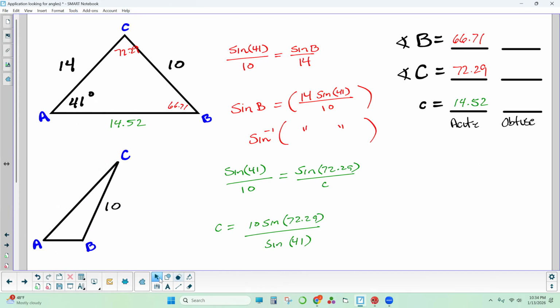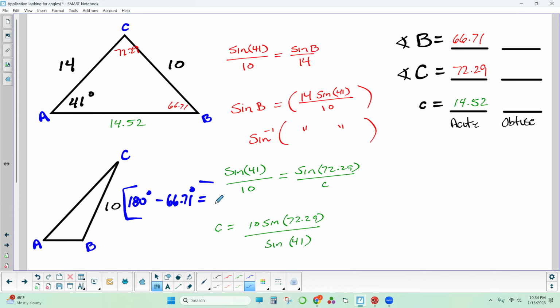Now, the key here is remember, this is our swing side, and as we swing it over and create this obtuse triangle, this obtuse angle you see here, we create a linear pair. And what that means is 66.71 from 180, okay, these are angles, is going to give us our angle B in our second triangle, okay?